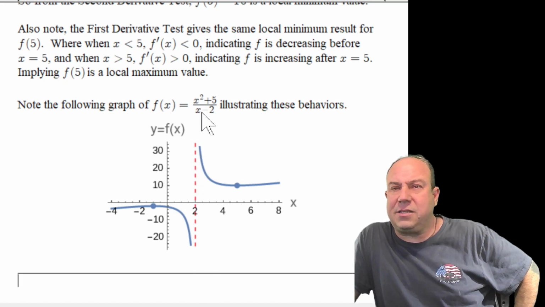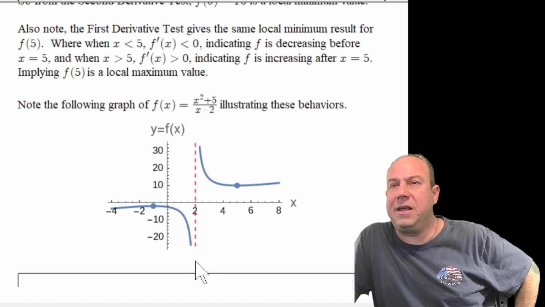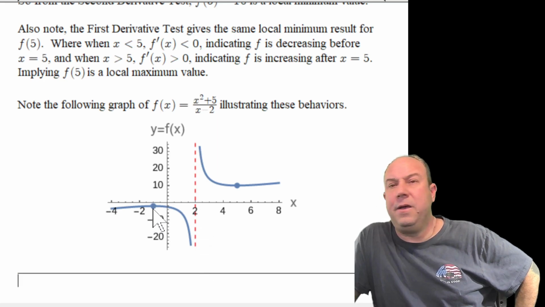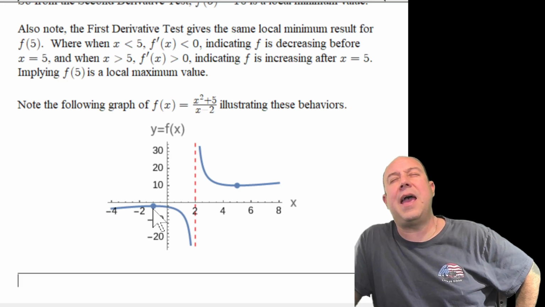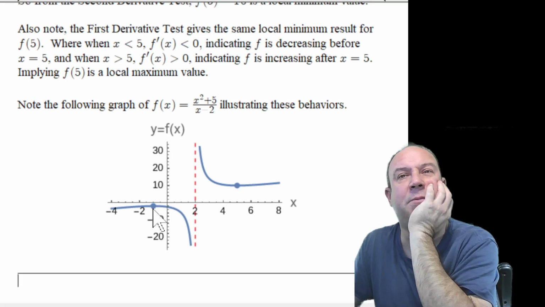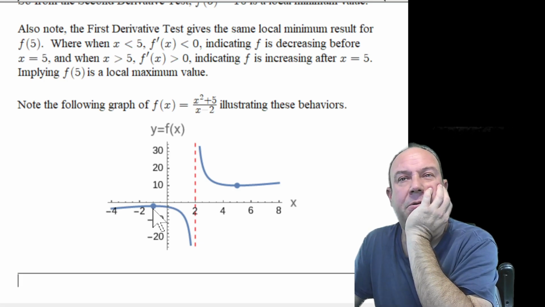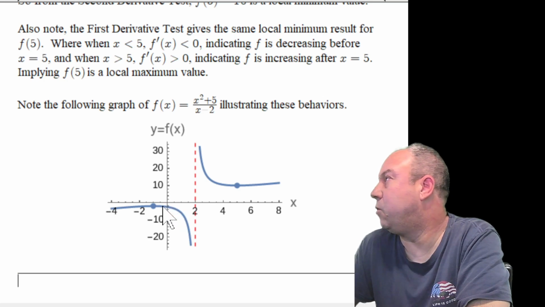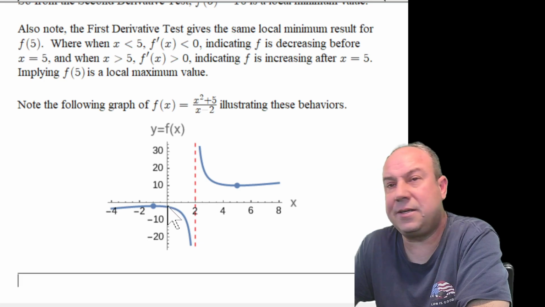Here's our vertical asymptote at 2. And then down here is our critical point at -1, where we saw a local maximum value. We saw that equal the value of -3, which is equivalent to that location on our y-axis.